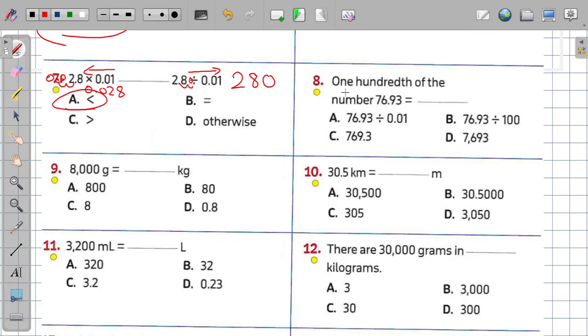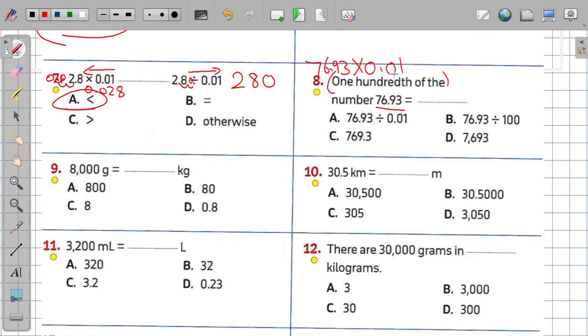I have 100th of the number 76.93. 100th of a number means we will multiply that number by 0.01. So I have 76.93 multiplied by 0.01.